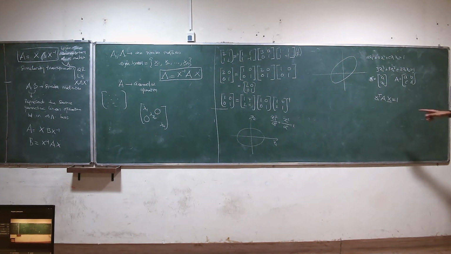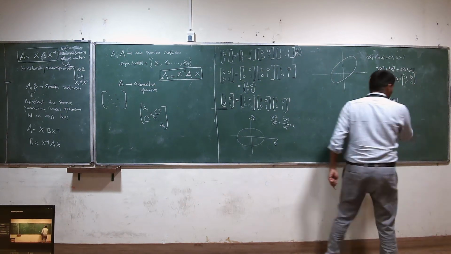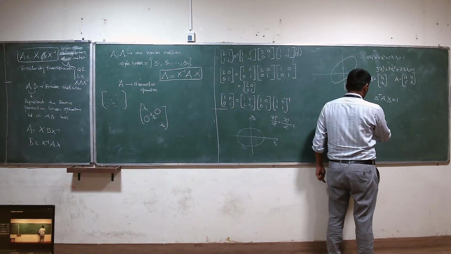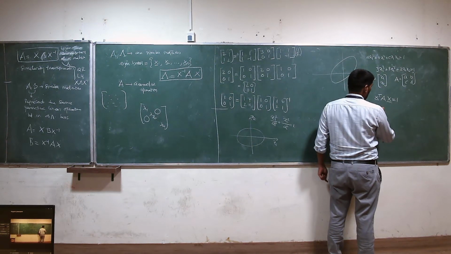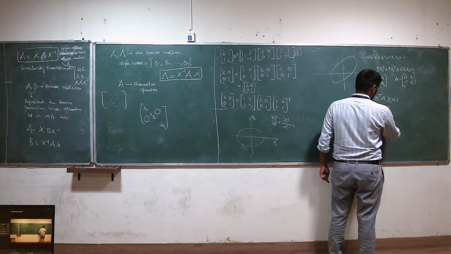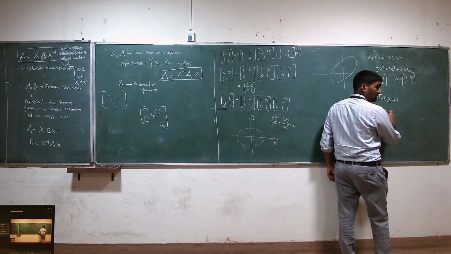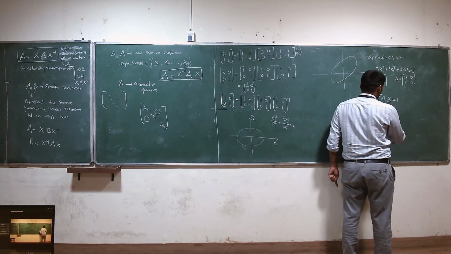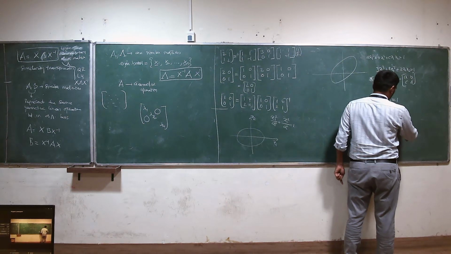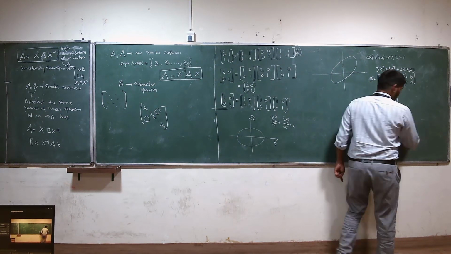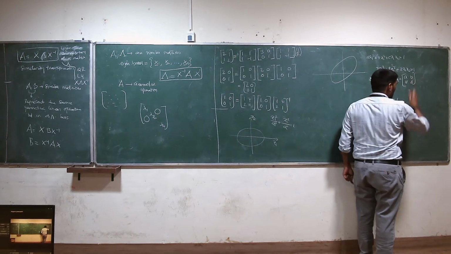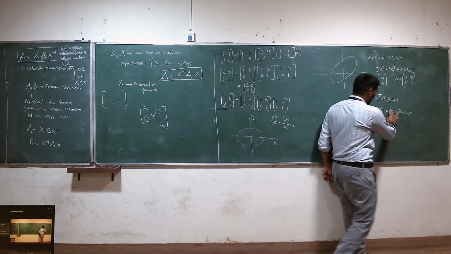What do you get if you multiply this out? Tell me the expression for this first. Okay, ax1 square. Let's do one simplification. Let's keep it b.